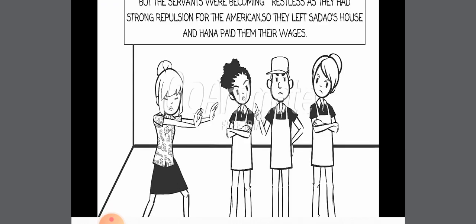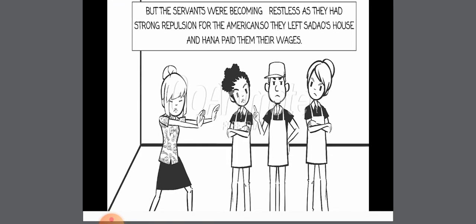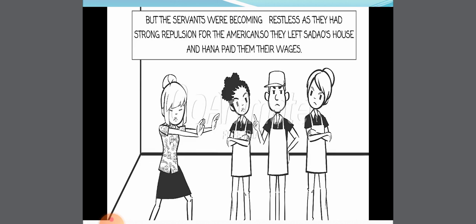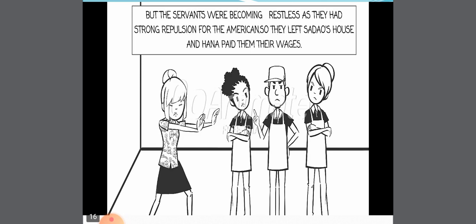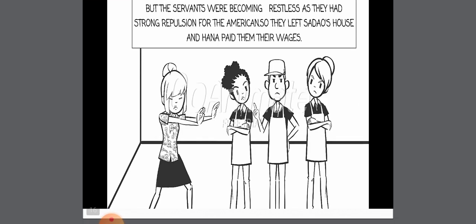You can see those servants were very repulsive and emotional, and they were thinking, why should we help an American? Why should we serve an American? Why should we treat an American? After all, he was their enemy. But Dr. Sadao and his wife were thinking in a different way.